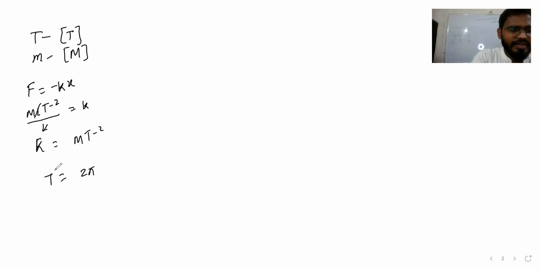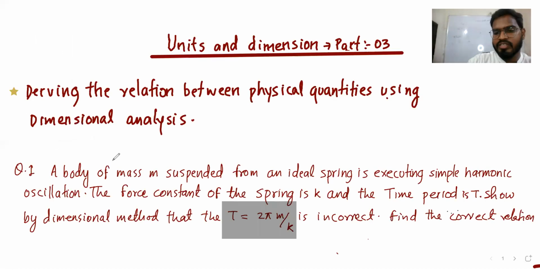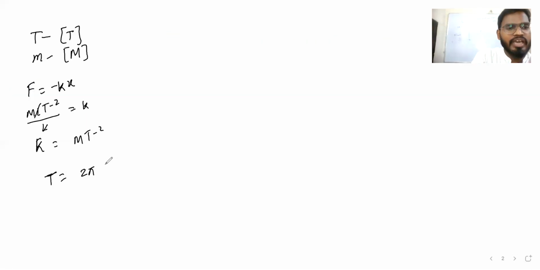Now the time period is 2 pi m by k. 2 pi is a constant, that doesn't matter. So the dimensional formula of time period is T. M is M only, and k is M T to the power minus 2. M cancels out, the T goes up, and it becomes T equals T square.